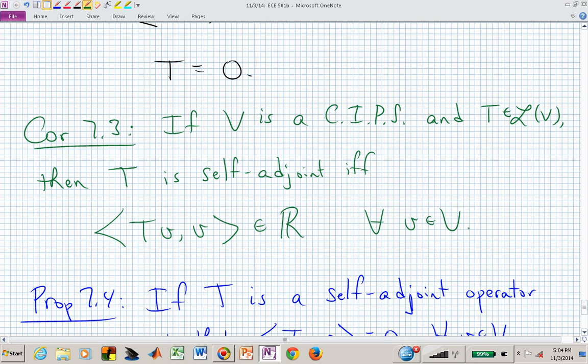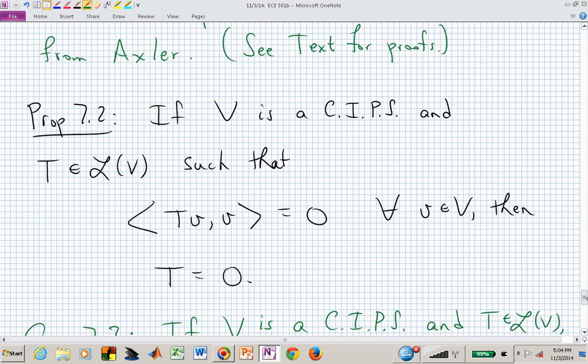So now the question was, since the reals are, in a sense, sort of a smaller space than the complex space, why doesn't 7.2 apply to reals?